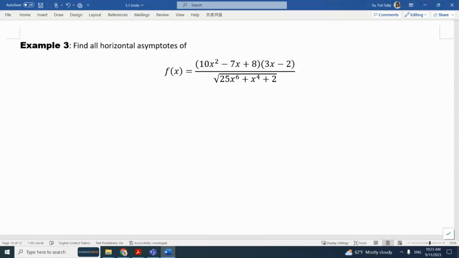Factor? Yeah, DDN and DDD, right? Factoring is for the vertical asymptotes. Right, everybody? So dominant terms, only dominant terms, we care about.